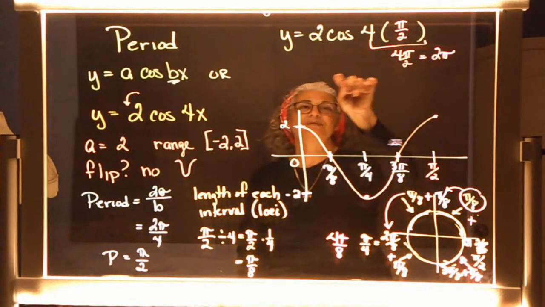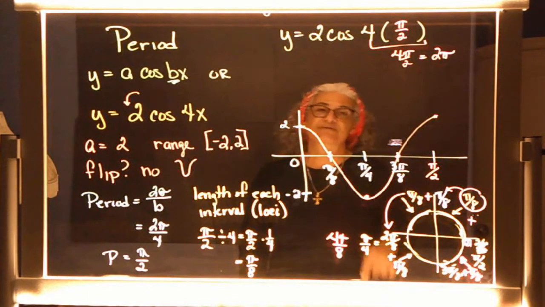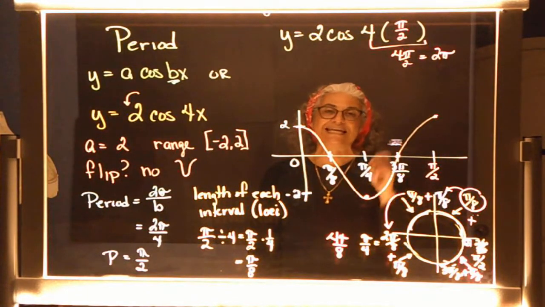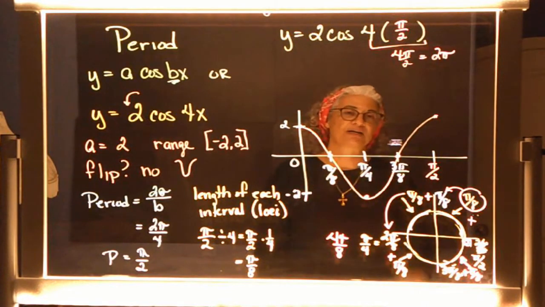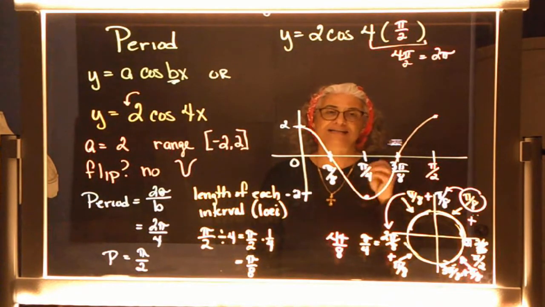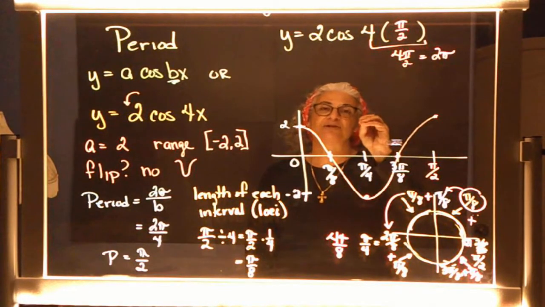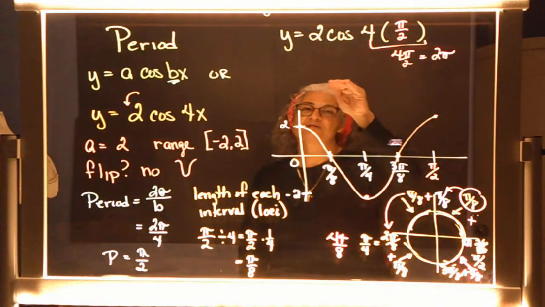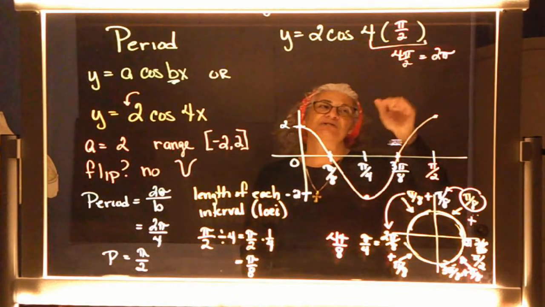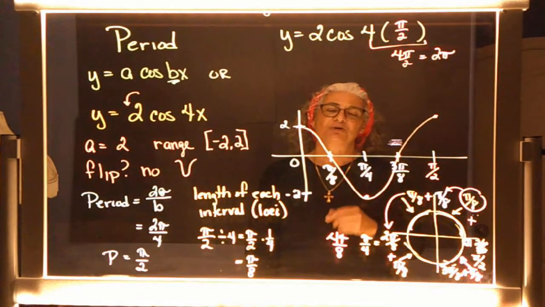I still ended up taking the cosine of my typical angles around the circle. If we do things correctly, it will always turn out that way. Always. Again, if we do this correctly, we will always end up taking the cosine or sine of 0, pi over 2, pi, 3 pi over 2, and then back to 2 pi. Always. Okay, so hang in there.